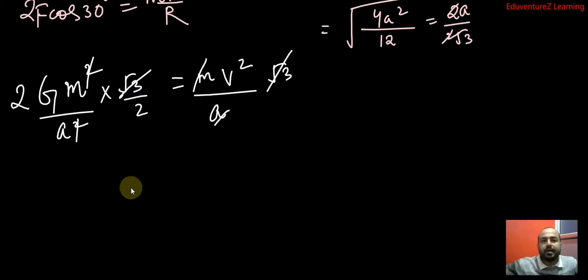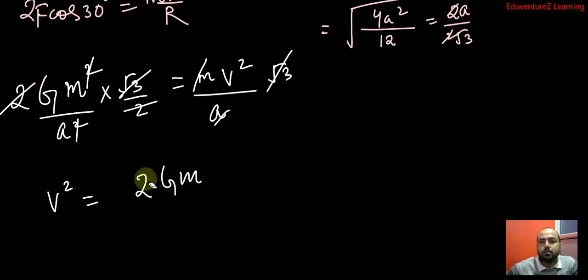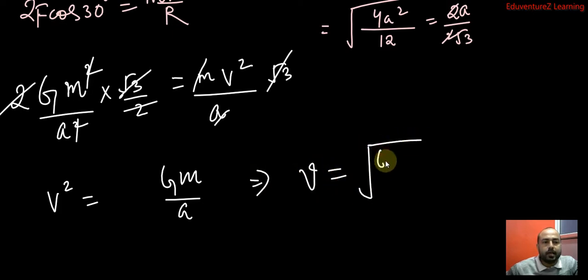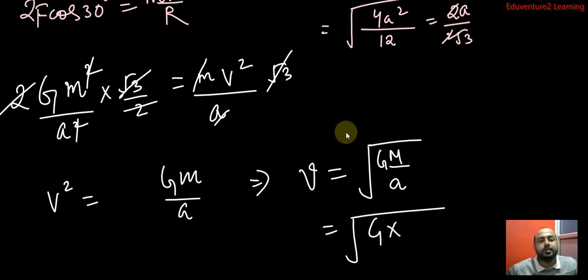Now we find v square equals to 2Gm upon 2, the 2 also cancelled out, so Gm upon a. So v is equal to root under Gm upon a, and don't put the value of G because the option is given in terms of g.